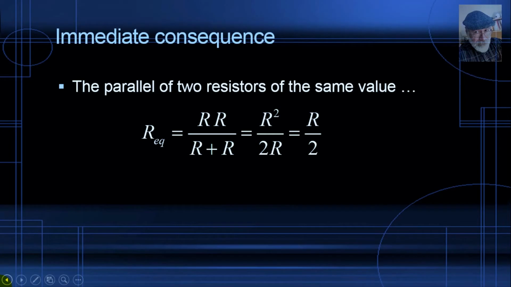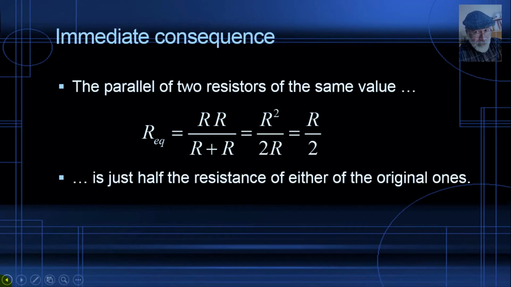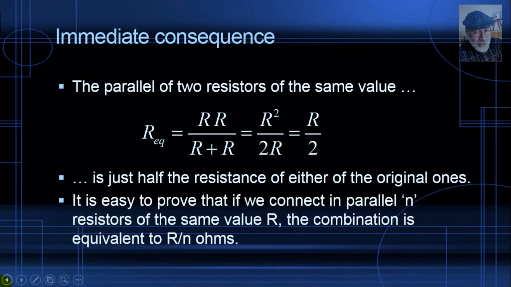We get R divided by 2. Conclusion. When we connect two resistors of the same value in parallel, the equivalent has half the value of either of the original ones. For instance, if you connect two 1000 ohm resistors in parallel, they are equivalent to a single resistor of 500 ohms.